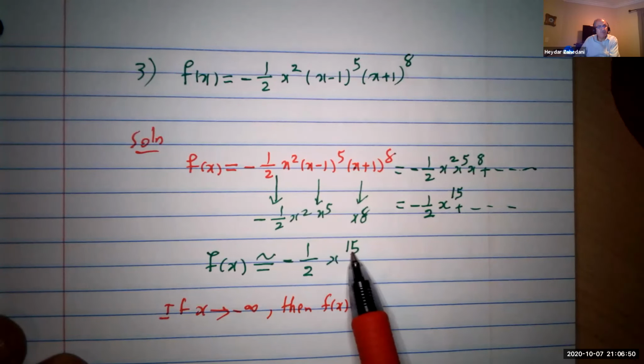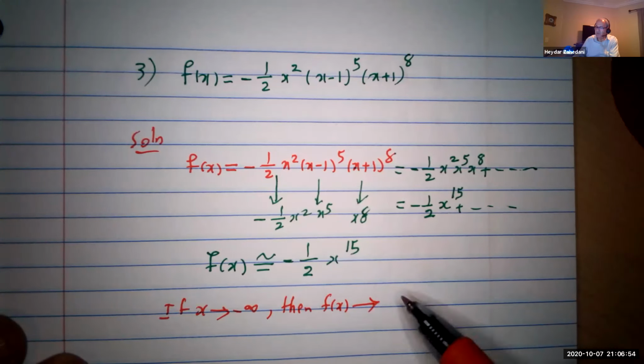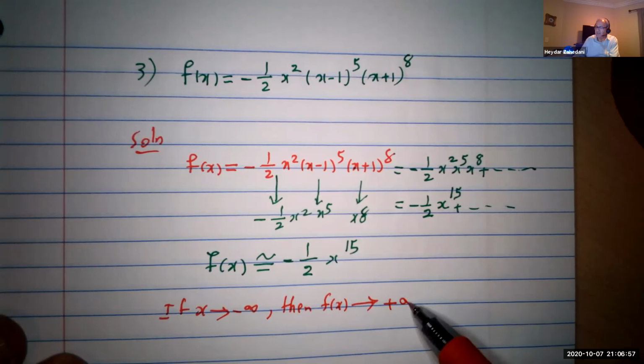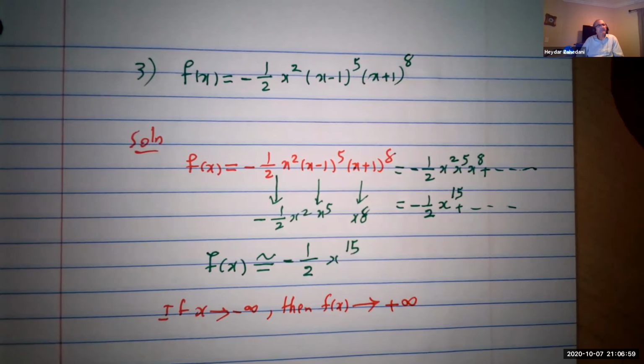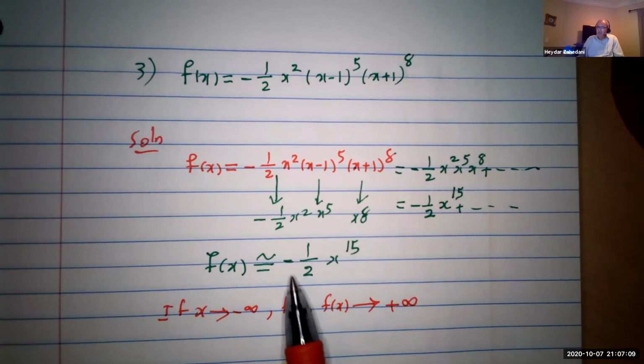So negative to the 15 would be negative, but there is a negative outside, so make it into a positive infinity. Any question? Power first, power first. Negative to the 15 would be negative, and with the negative outside, negative, negative makes it positive. Okay, the other way around.